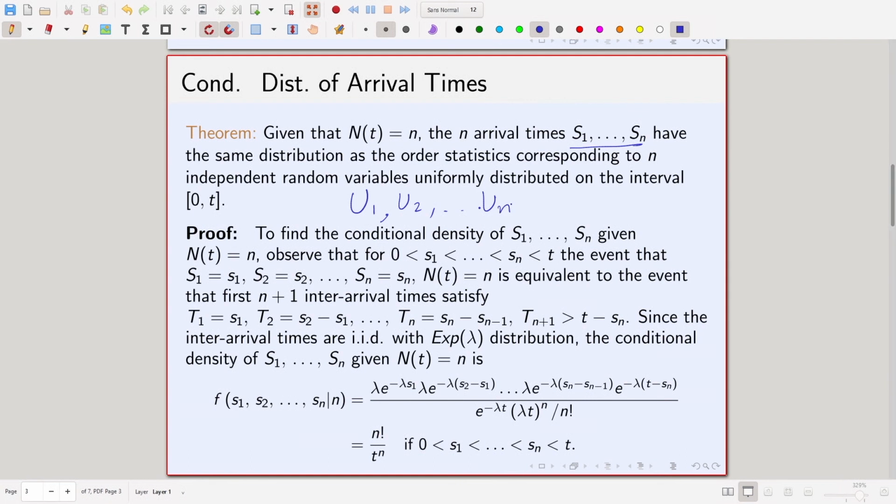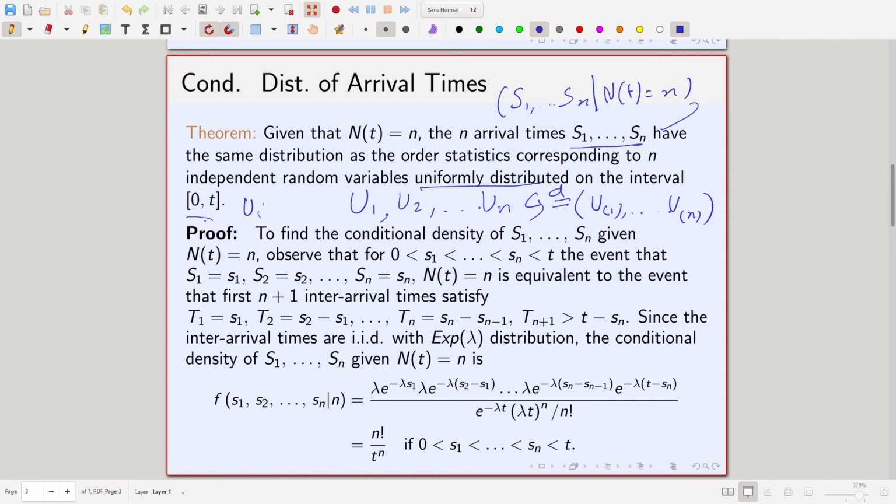Then what this theorem is telling you is that the conditional distribution of S1 up to Sn, given that N_t equal to n, has the same distribution as the order statistics of U1 up to Un.